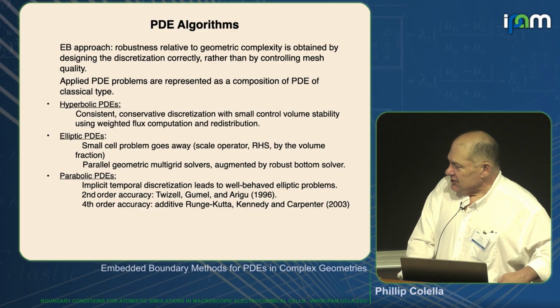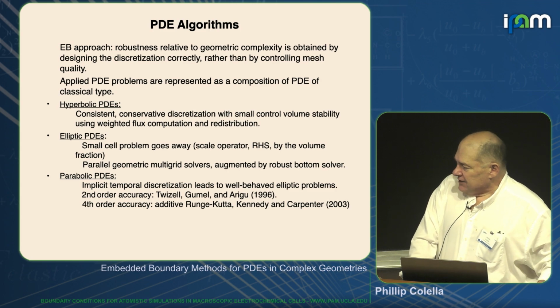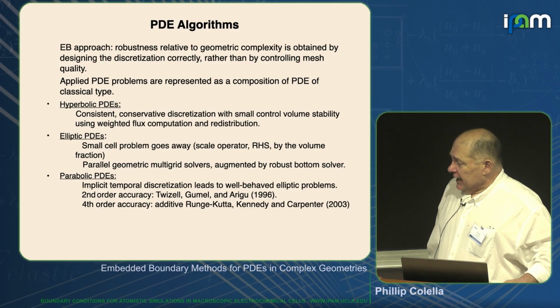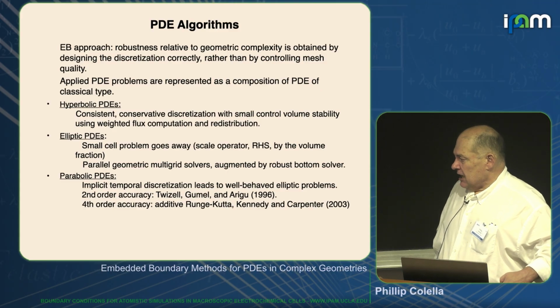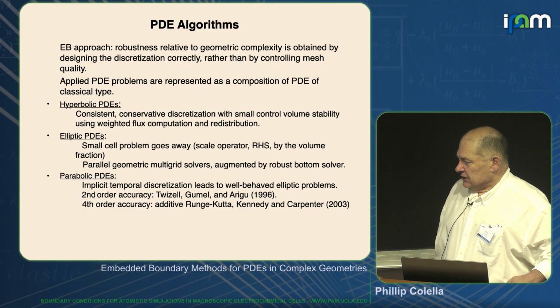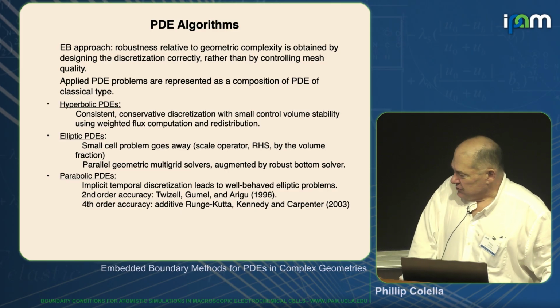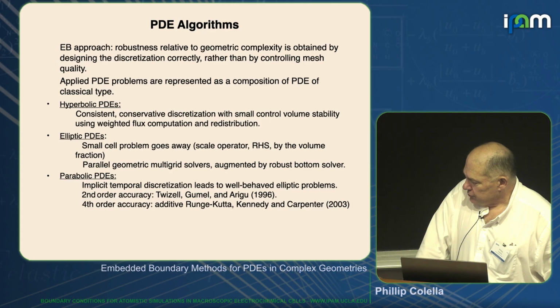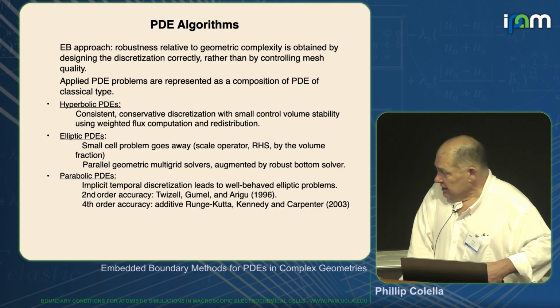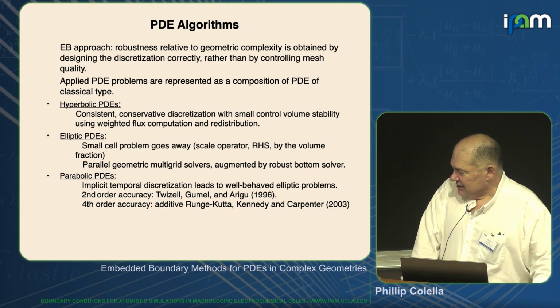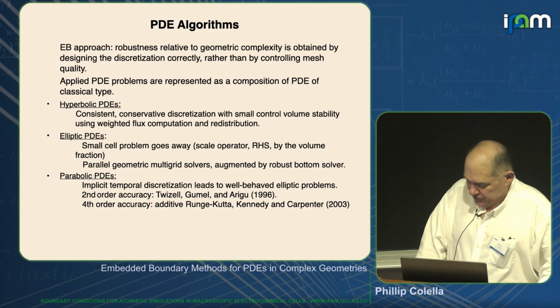And for parabolic PDEs, you essentially use the things that you did for discretizing elliptic PDEs, and then apply some method of lines discretization. For second order accuracy, these were all implicit Runge-Kutta methods. We used one due to Twizell, Gumel, and Arigu from 1996. And then for fourth order accuracy, you go to fourth order additive Runge-Kutta, and that's Kennedy and Carpenter's treatment of that in 2003.